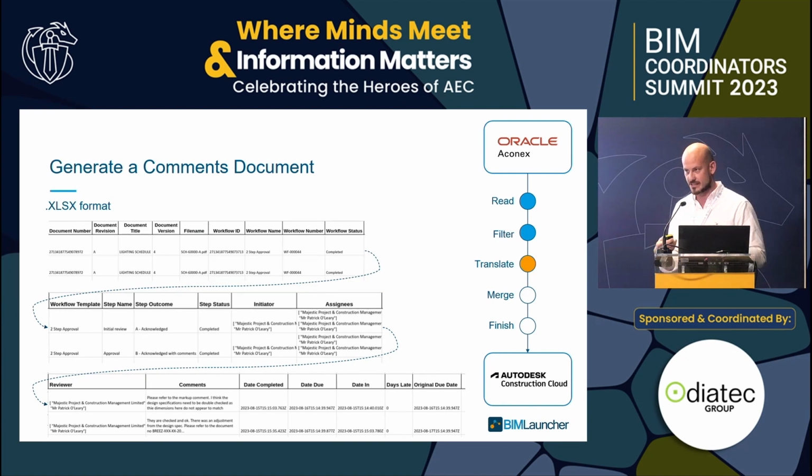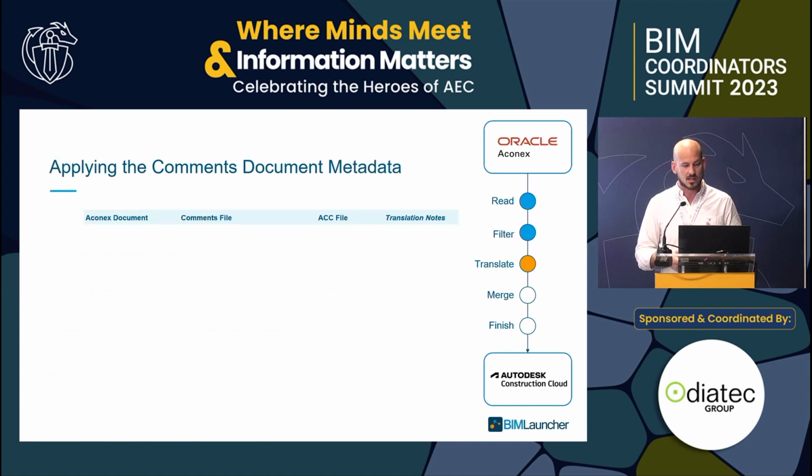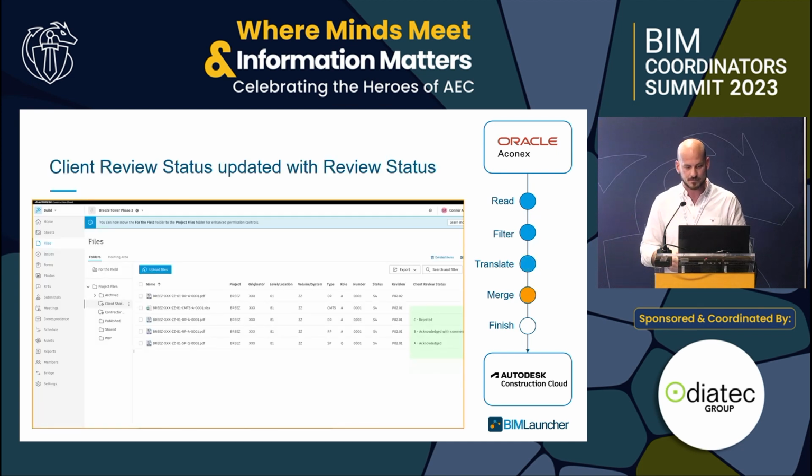So we essentially make a spreadsheet, somewhat of a comment review sheet, from the information that we grab from Aconex. Once again, the issues with the translation table. Based on the source document, we are able to generate metadata for the comments file that will be merged into ACC in the next step.